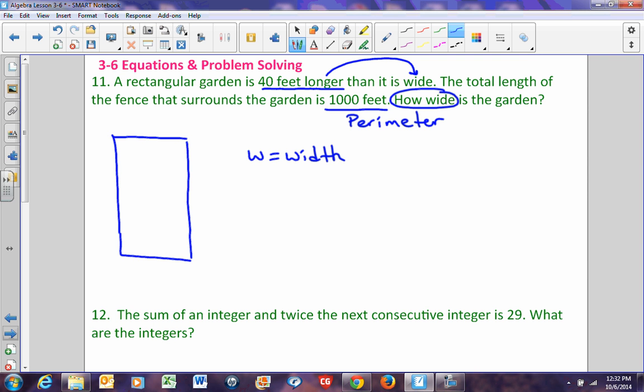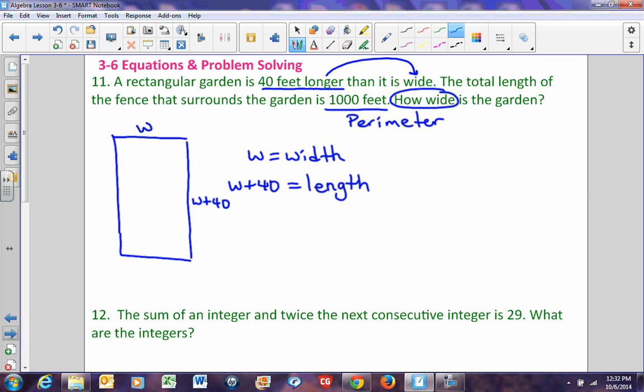Now notice my length is 40 feet longer than it is wide. So W plus 40, my width plus 40, has to equal my length. So here I've got this is W and this is W plus 40. When we talk about a perimeter, we're talking about all the way around.